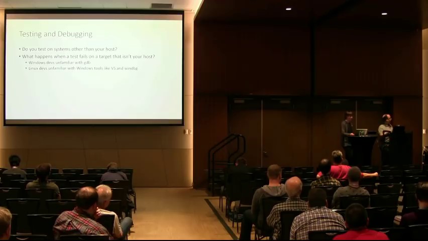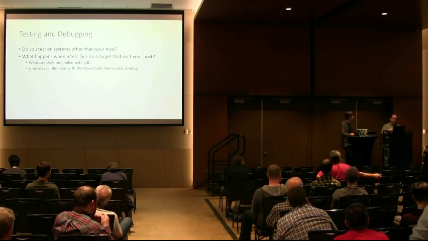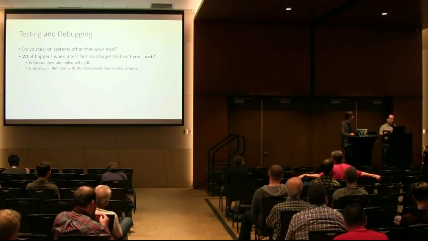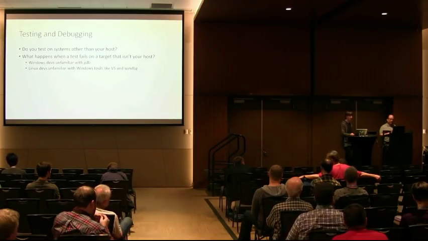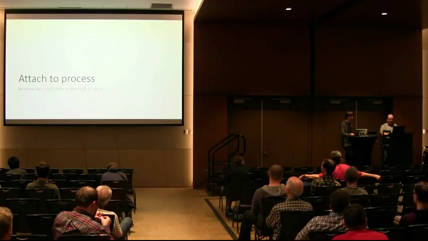I think this is the thing that starts to happen: you start asking Windows devs to go fix something using GDB, and they have to go start Googling how to start GDB and how to actually connect to a Linux system. But it's kind of similar in the sense that Linux devs are also unfamiliar with Windows tools like VS and debug, right? But we're going to focus on attach to process for Windows devs who don't have to learn to use GDB.